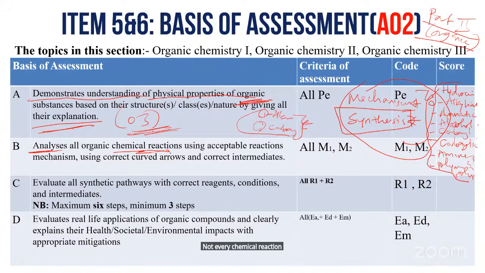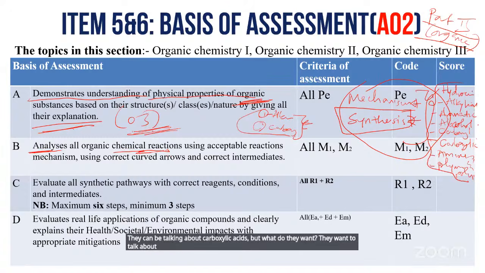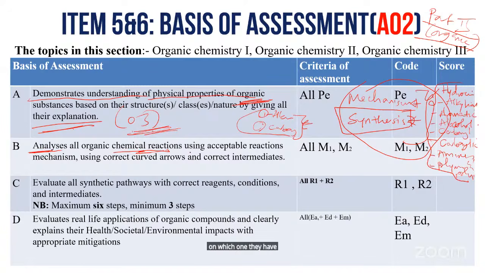They can be talking about carboxylic acids, but they want only 2 or 3 chemical reactions, depending on which one they have asked. Now, we make sure that we use the acceptable reaction mechanism, using a correct curved arrow and correct intermediate.